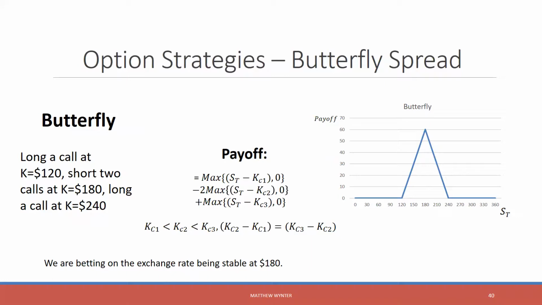The reason why you would do such a strategy is because you might observe that there's a lot of volatility in the exchange rate market, or you might observe that market expectations are all over the place. Some people think that a good thing is around the corner. Some people think a bad thing is around the corner.